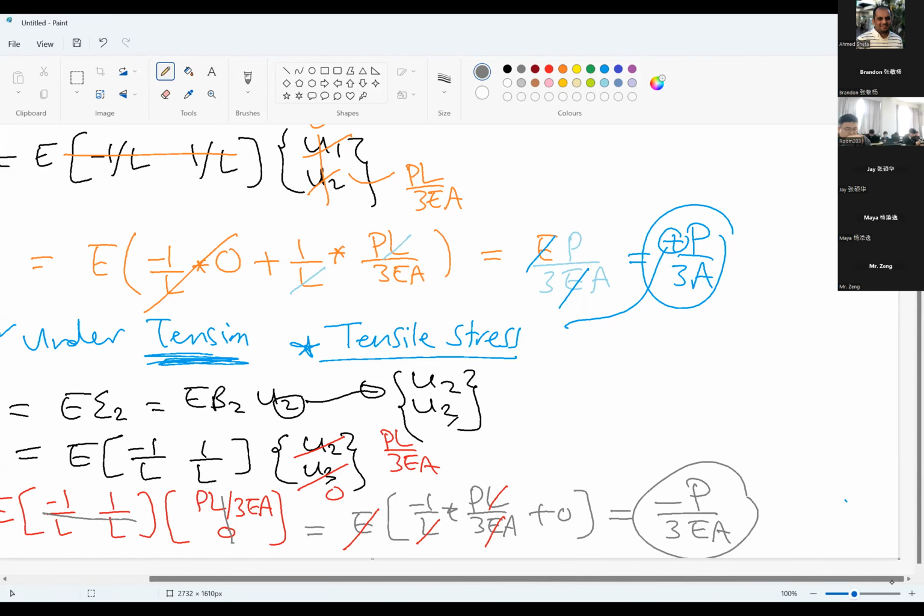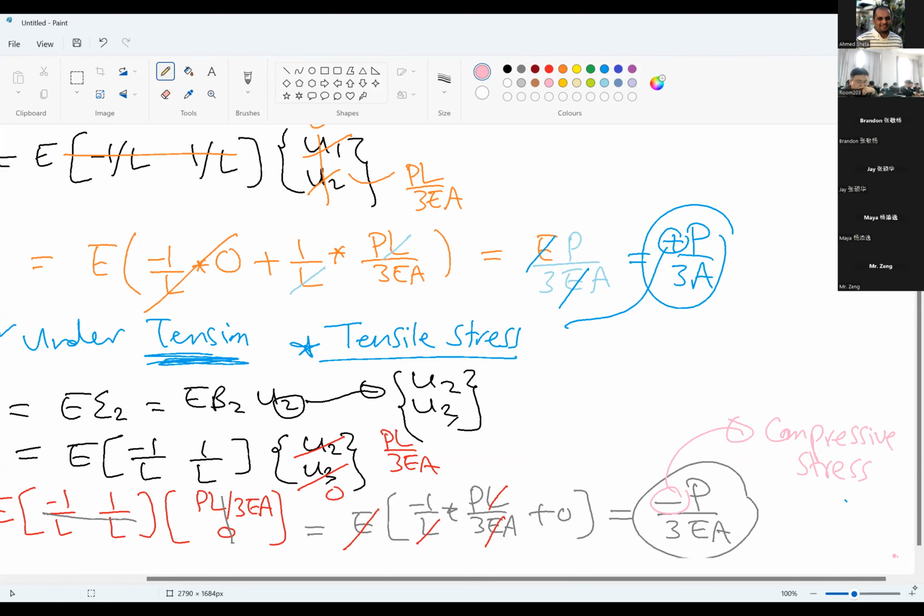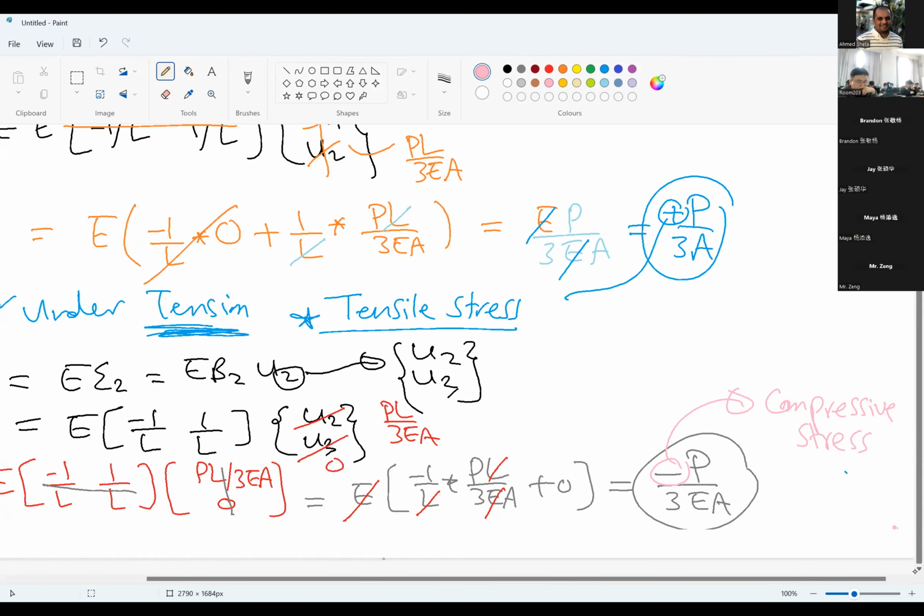Similar procedure as member 1. What is meant by negative? Negative means compressive stress. So this means that member 2 is under compression. Member 2 is under compression, member 1 is under tension.